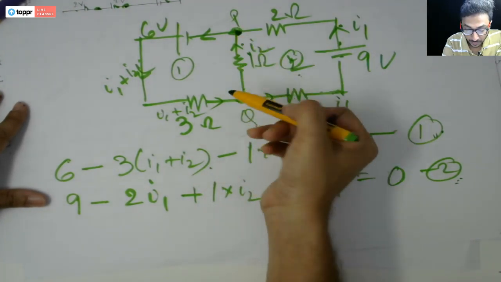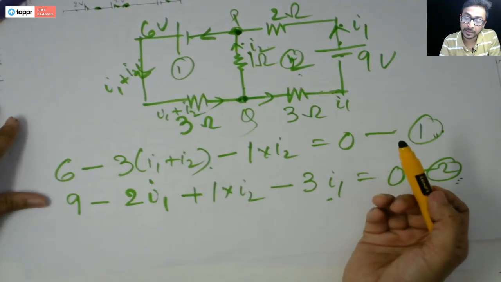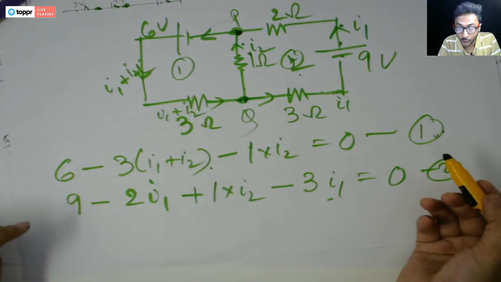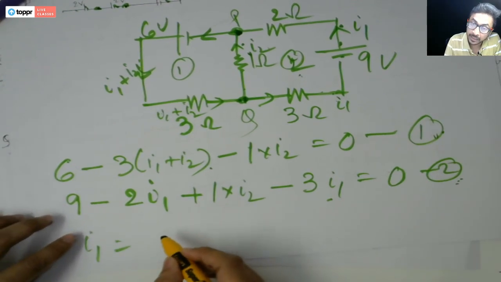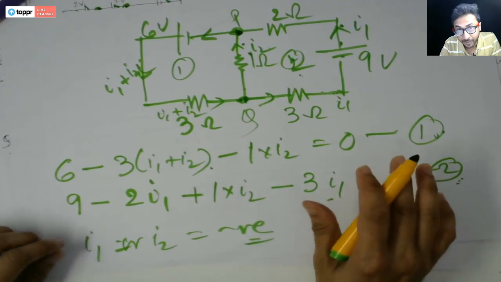And what is the question asked? What are the values of current in each path? So we can find out. Only thing, remember, suppose the value of I1 or I2 comes negative. What does this mean?